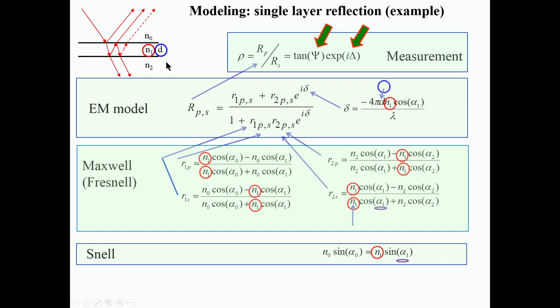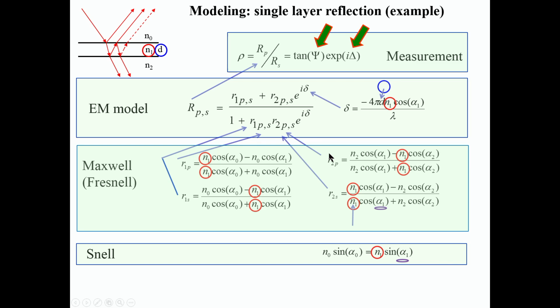The substrate, in our case, is silicon, so we know that. It's well tabulated and well understood. What's not known is the thickness of the reflecting layer, D, nor the index of refraction, which is in general a complex number. So we have 3 real number unknowns that we need to extract in this process.